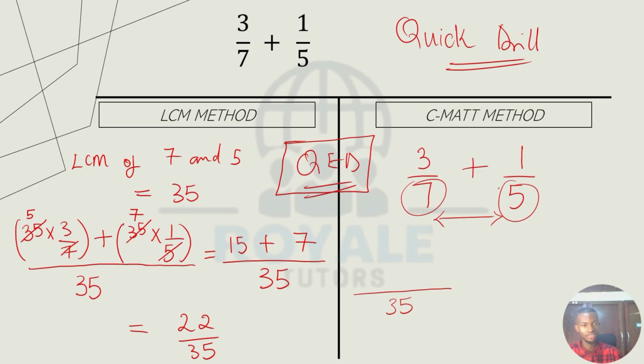Then this meets this meets this. 5 times 3 is 15. 7 times 1 is 7. And easily done, our answer is 22 over 35. That is the answer to that.